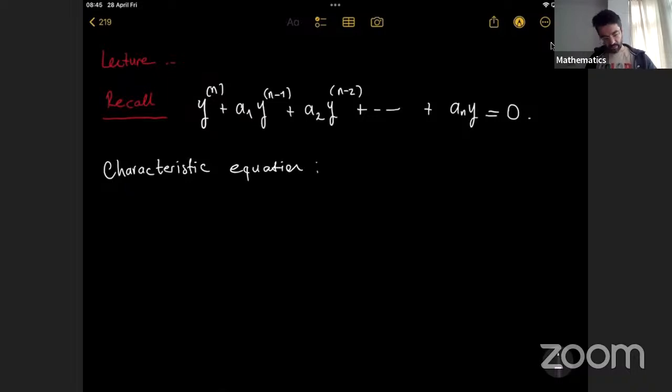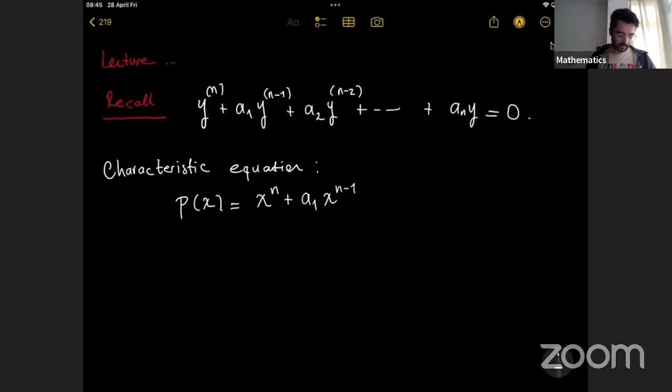Well, that was basically P of lambda is equal to lambda to the n plus a1 lambda to the n minus 1, and it goes like that, plus a_n equal to 0.